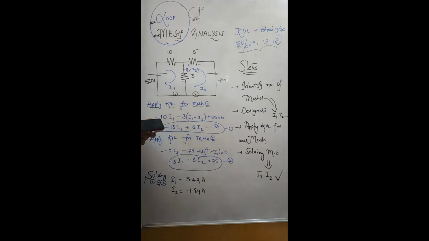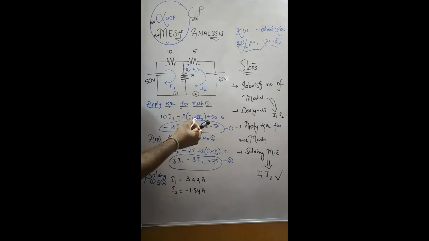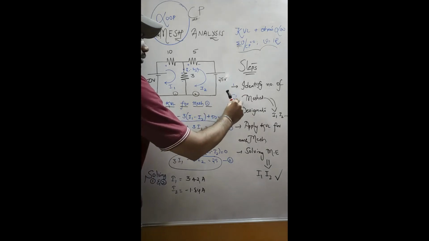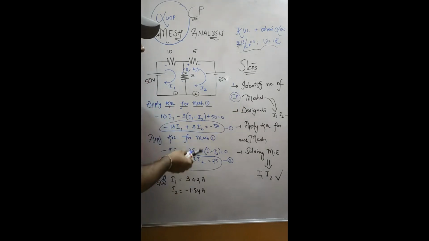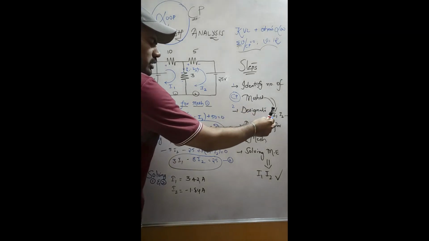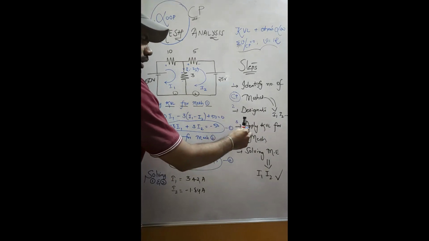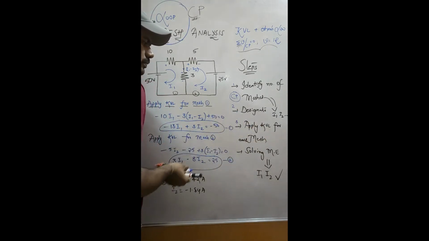In order to go for mesh analysis, I would like to follow steps. The 4 steps I have to follow are: step number 1, identify the number of meshes. Meshes in the sense closed paths. The second step, designate those meshes with currents I1, I2, and so on. The third step, apply KVL for each mesh.